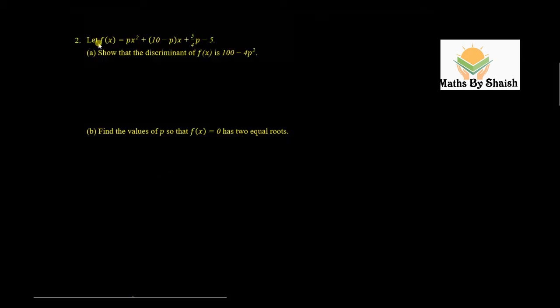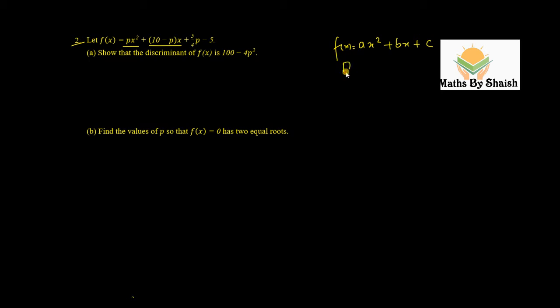So here is question number 2. Let f(x) = px^2 + (10 - p)x + 5/(4p - 5), and show the discriminant. We know that if f(x), a quadratic graph, is given as ax^2 + bx + c, in this case the discriminant d is given by b^2 - 4ac.